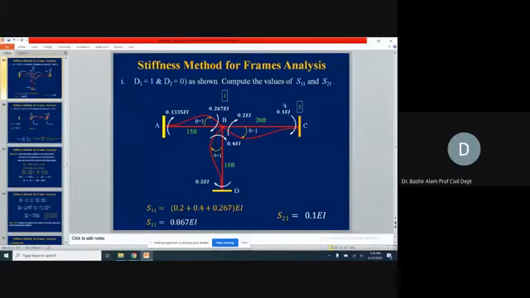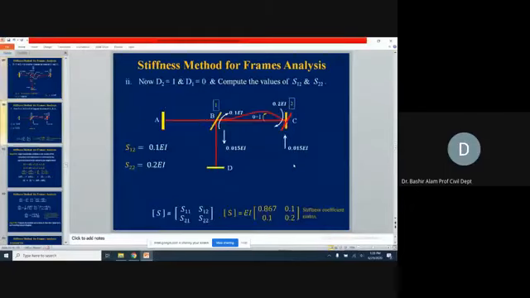S11, we already talked about it. S21 is simply this 0.1 EI. Now corresponding to D2 we are going to give a unit rotation. So here in clockwise direction, this is the distorted shape. This is 0.2 EI. Where is it coming from? 4 over 20 EI it is coming.